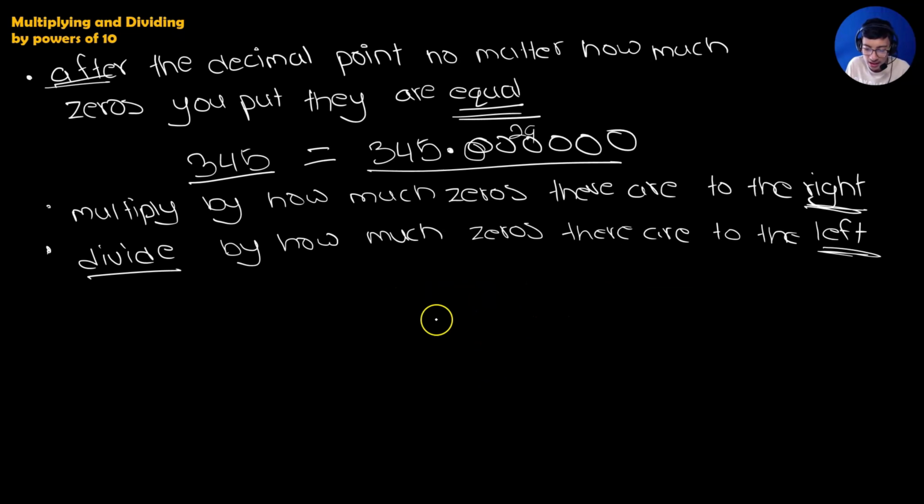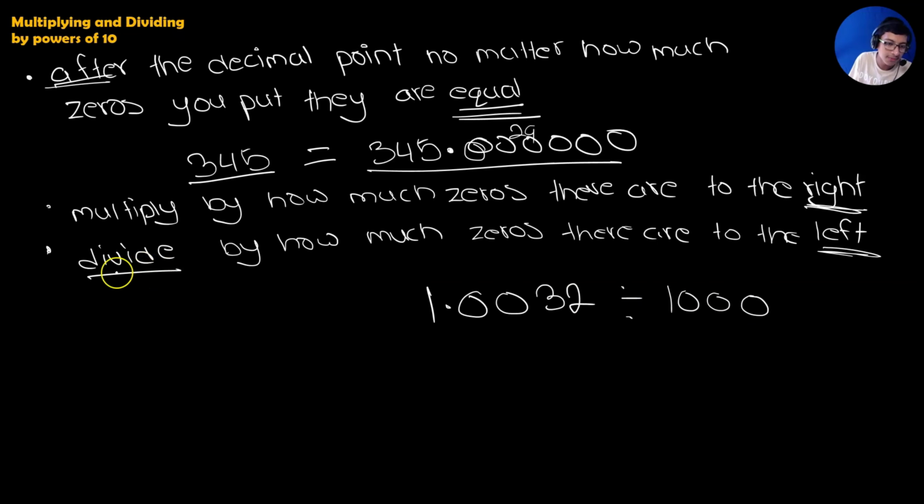So here we have 1.0032 divided by 1000. Here we have divide, so we're going to the left. By how much? There are 3 zeros in 1000, so by 3 times.